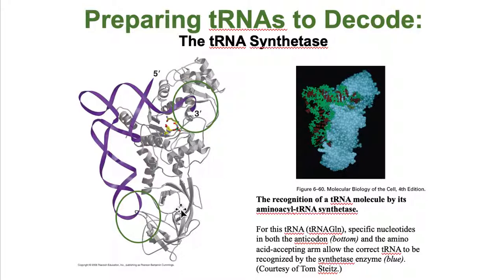It recognizes both the anticodon and part of the acceptor stem to distinguish the right tRNA that's supposed to fit into this active site of the tRNA synthetase. You have to imagine there's probably a lot of them floating around. It only wants to bind to the right one and charge the right one. This is an important step in discriminating against the tRNAs that you don't want to charge.